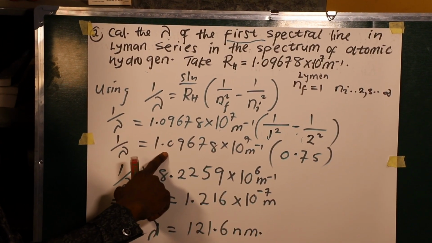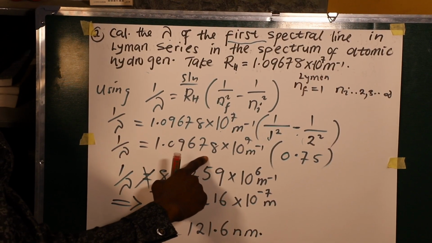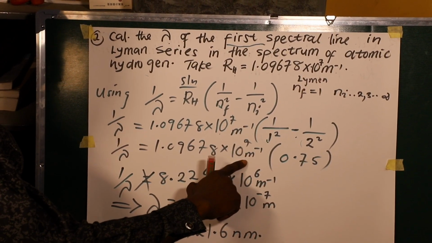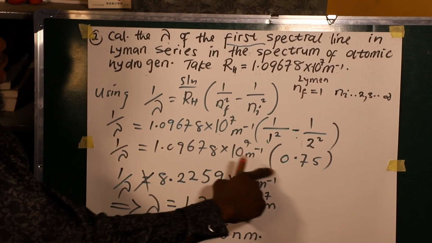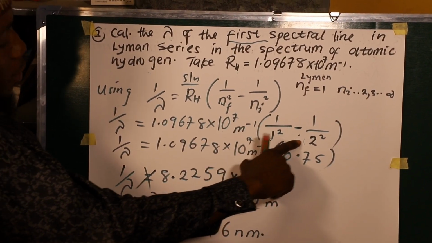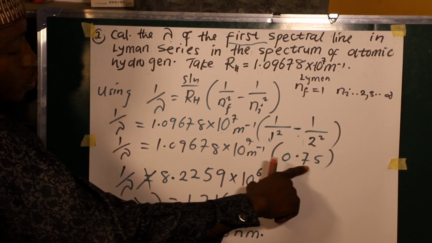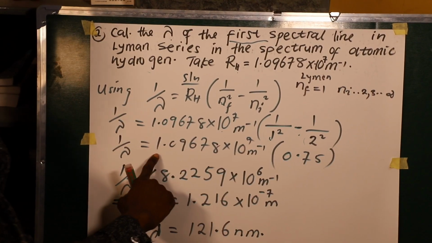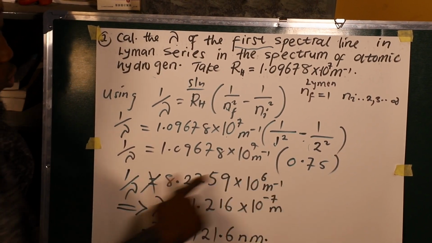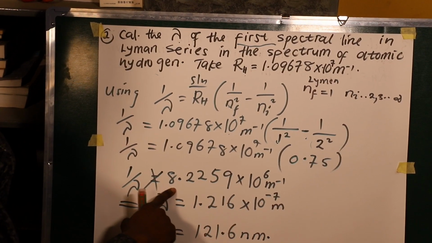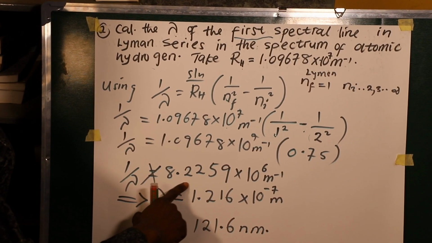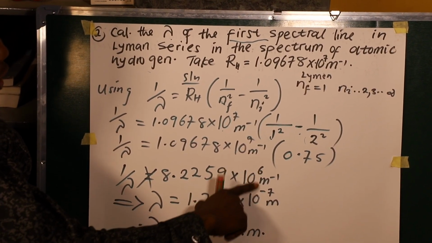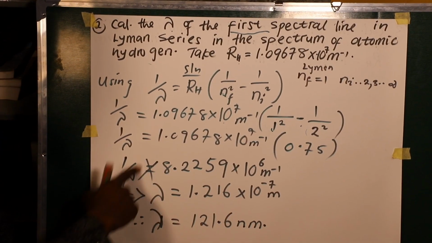So 1 over wavelength is equal to 1.09678 times 10 to the power of 7 per meter into 1 over 1 squared minus 1 over 2 squared, which gives 0.75. Multiplying these, we have 1 over wavelength is equal to 8.2259 times 10 to the power 6 per meter.